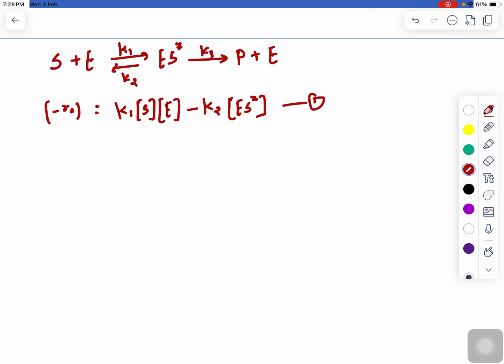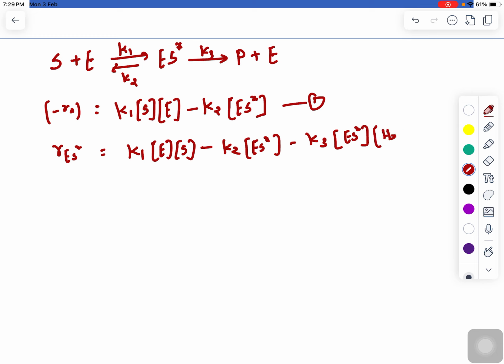And if I want to write rate in terms of enzyme substrate complex, R ES star, I can write k1 concentration of E and concentration of S minus k2 concentration of ES star minus k3 and concentration of, obviously, ES star and concentration of H2O. So here this reaction will happen in presence of H2O, that's why concentration of H2O is required here.